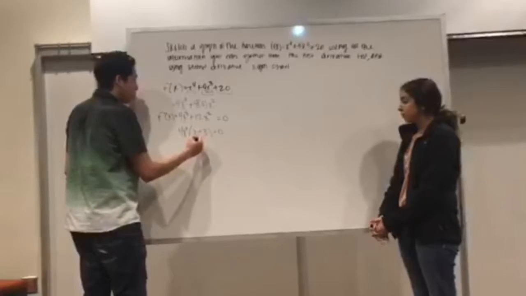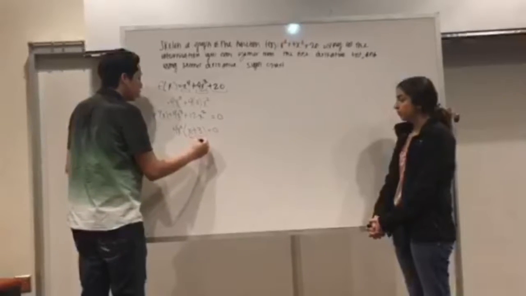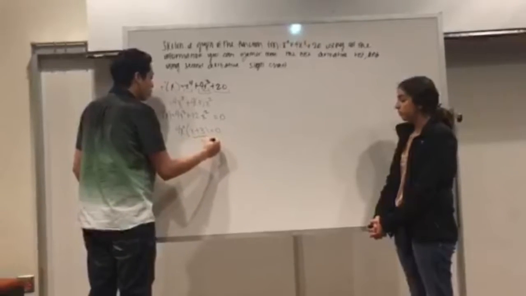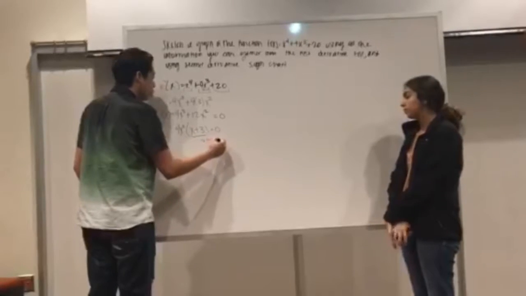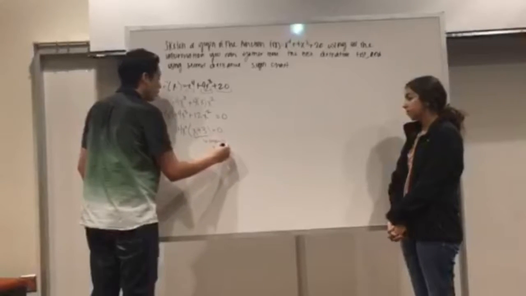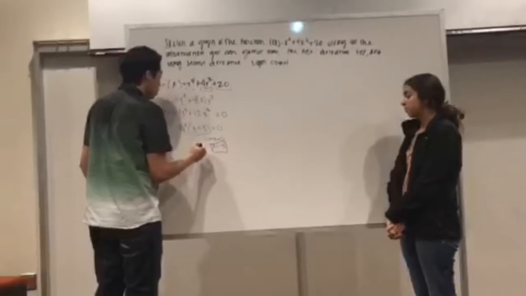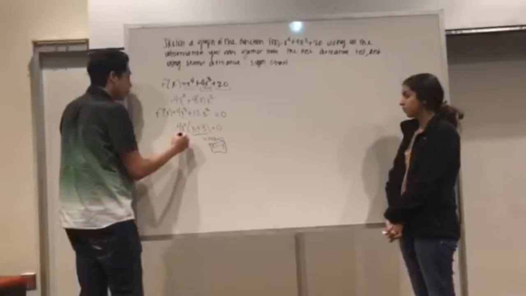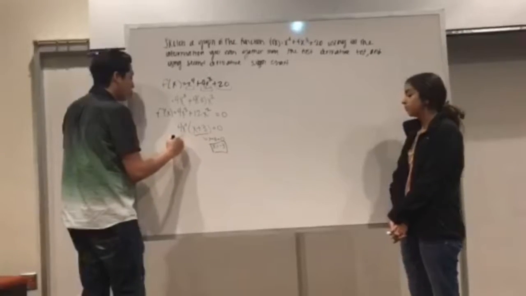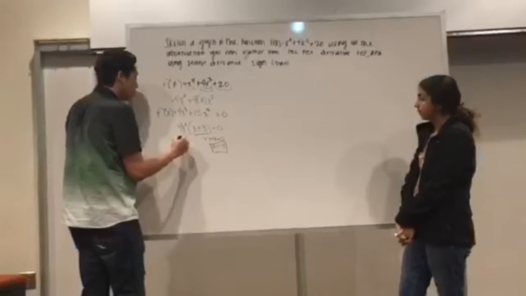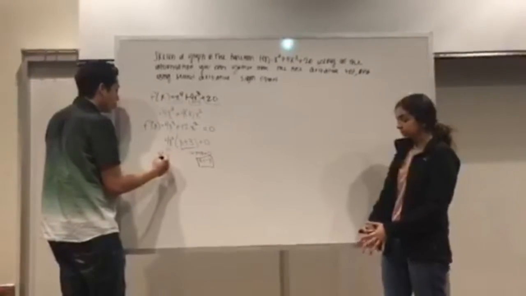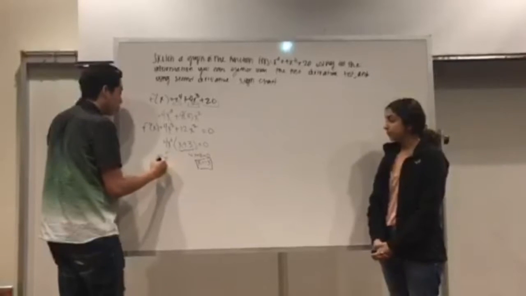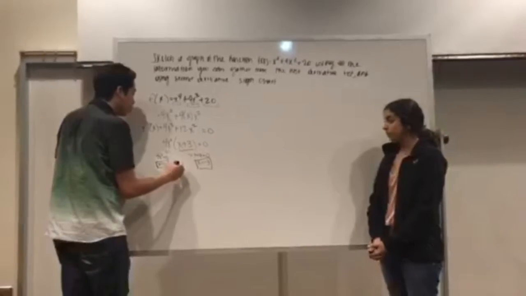Then we make each factor equal to 0: x plus 3 equals 0. We move the 3 to the other side, and x equals negative 3. And over here, we make this equation equal to 0, 4x squared equals 0, so then x equals 0. And these are our two possible critical points.